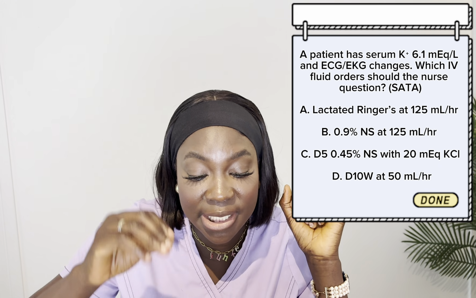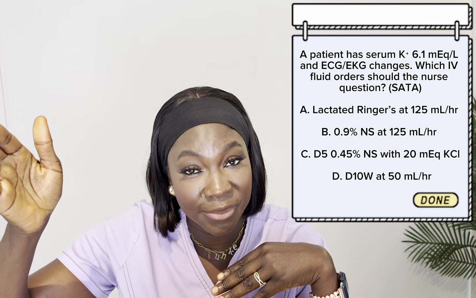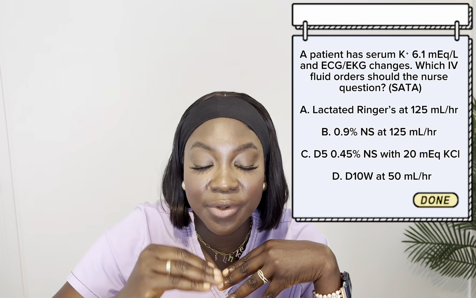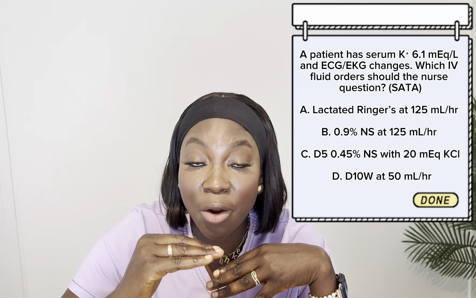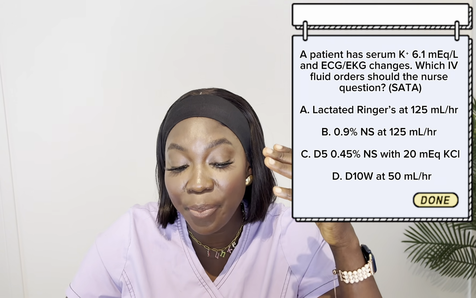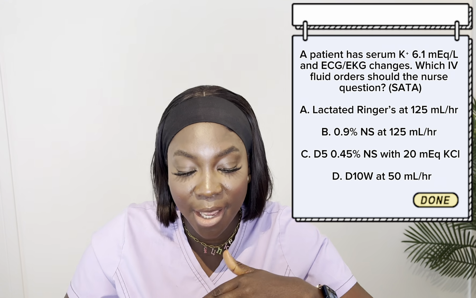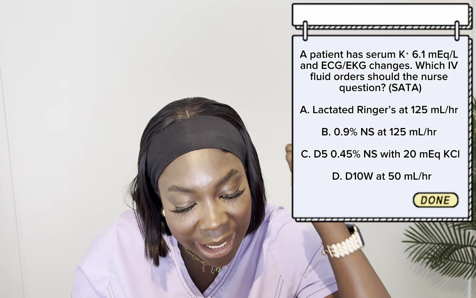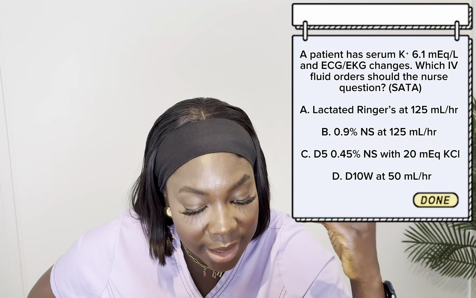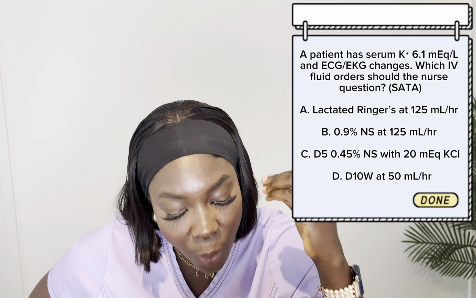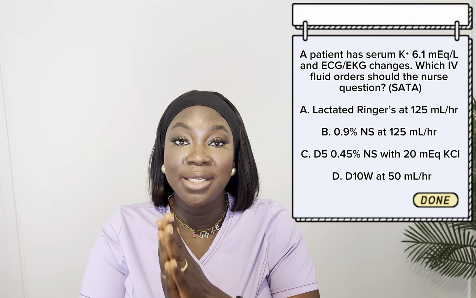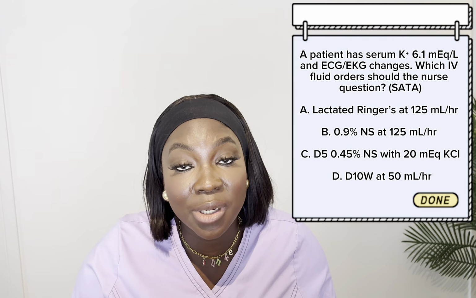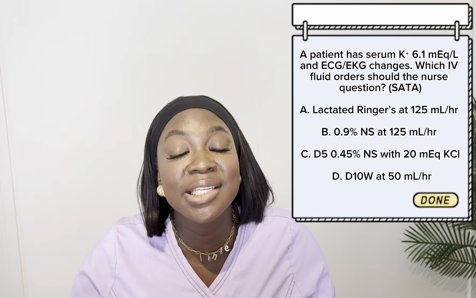What should you question? This patient's potassium is already high, right? If any of these fluids is ordered for a patient who already has high potassium, which one should you question as the nurse? You should question lactate ringers and C, D5 0.45 normal saline. Why? Lactate ringer contains some electrolytes, and potassium is part of the electrolytes contained in lactate ringers.